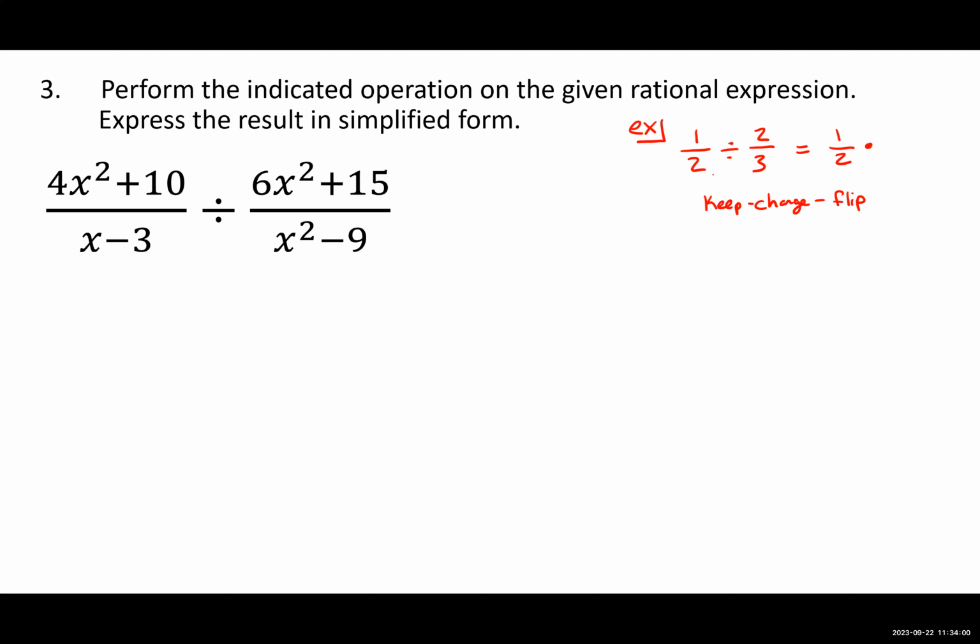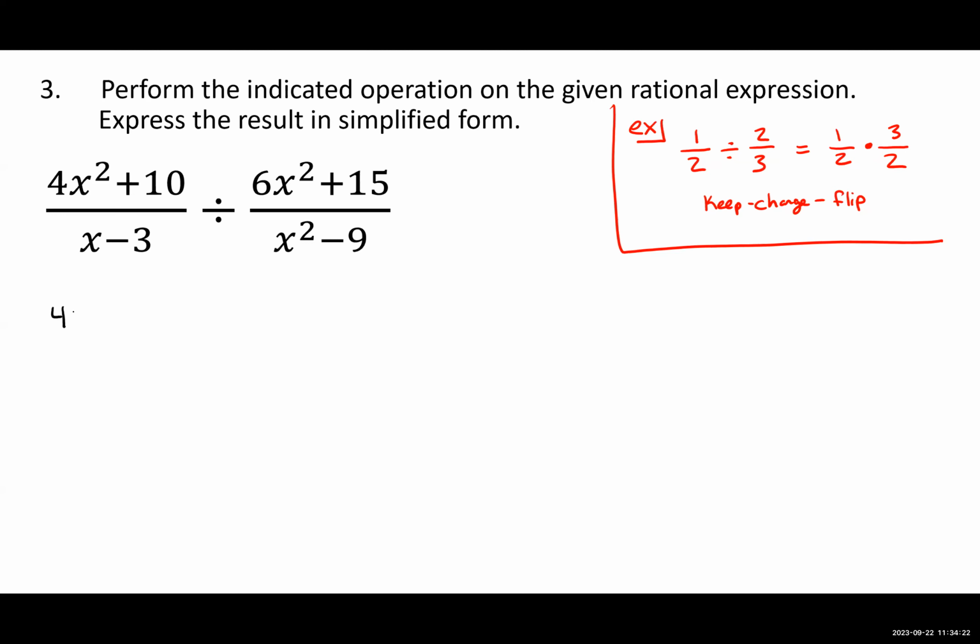Division becomes multiplication. Keep, change, and then flip the second fraction, instead of 2 over 3, becomes 3 over 2. All right, so that's how we divide fractions of numbers. We divide fractions of polynomials the exact same way.